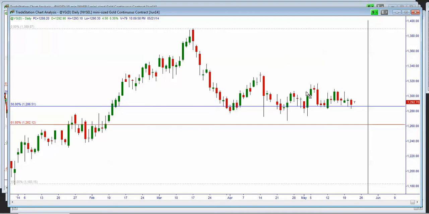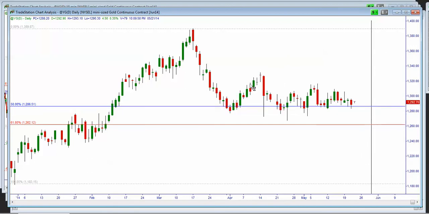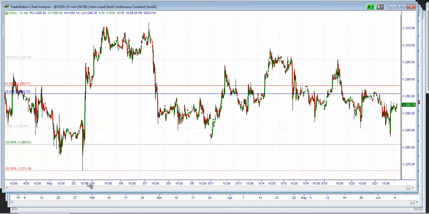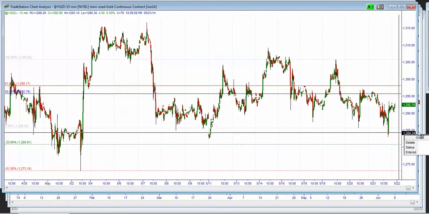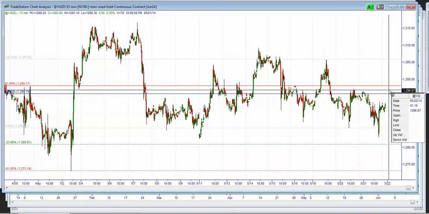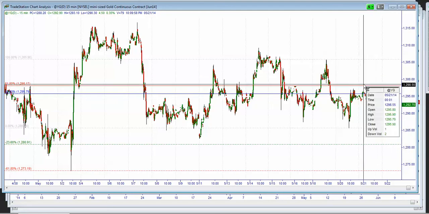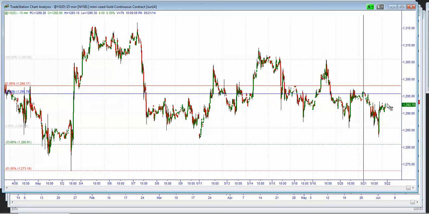Clearly this area of support, 1286, very important, is holding again, and you can use the fib stalking technique here to see whether this market is still respecting short. As you can see here, this level 1295 is still acting as a resistance, so we will wait for 1298 to be pierced on the upside for a confirmation here.